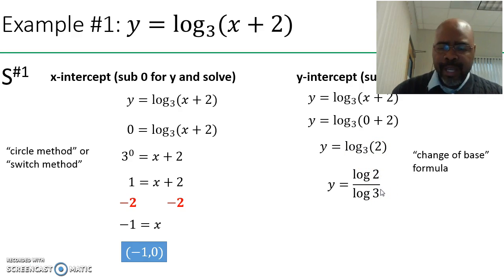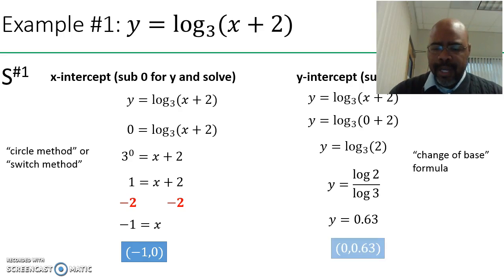When you put it in your calculator and divide it out, you have y equals 0.63. So now I have an x-intercept of negative 1, 0, and a y-intercept of 0, 0.63. So I already have 2 points on my graph.